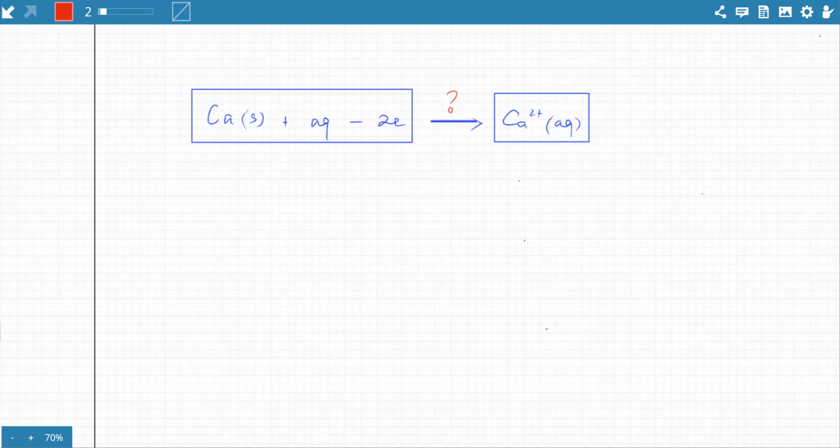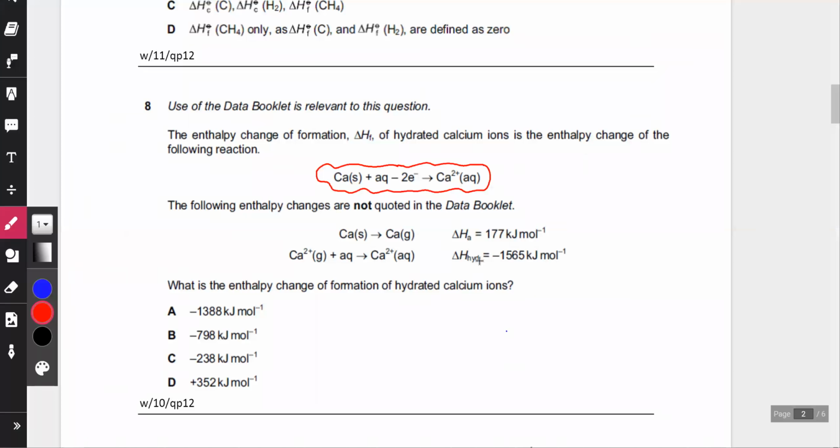What I'm going to try and do is create this other path, and see if I know the enthalpy change of this other path. As long as I'm reaching the same point, the enthalpy change, the energy changes, would be exactly the same. In the question, there were two reactions whose enthalpy changes were already mentioned.